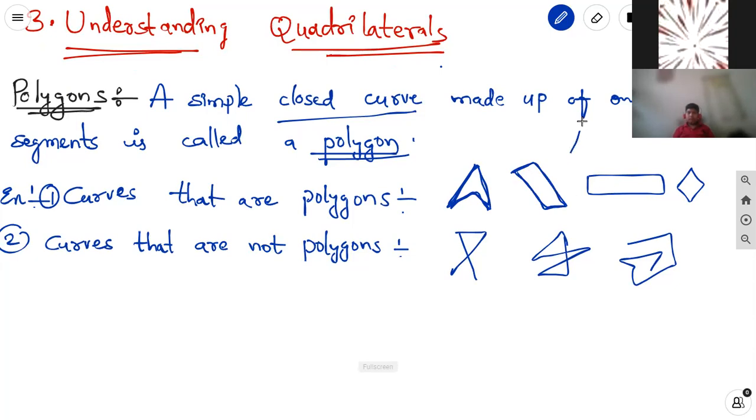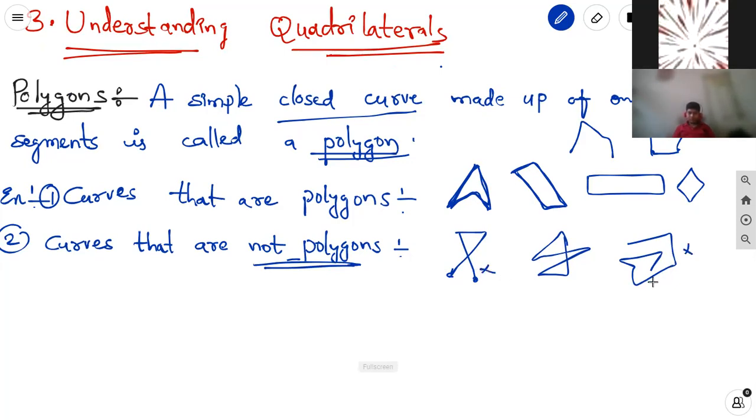If we take pentagon, hexagon, octagon, nonagon, decagon, those all are polygons only. Polygons depend on the vertices and line segments, so from that only we can give the different names. The second one is curves that are not polygons. Not a polygon means here these two are not joined, it's not closed, so it's not a polygon.